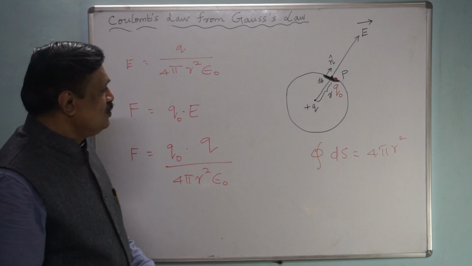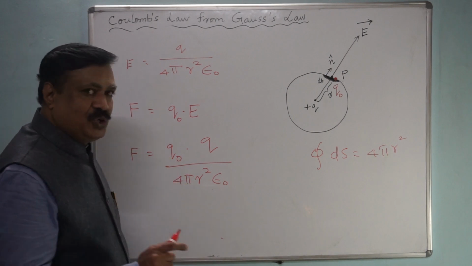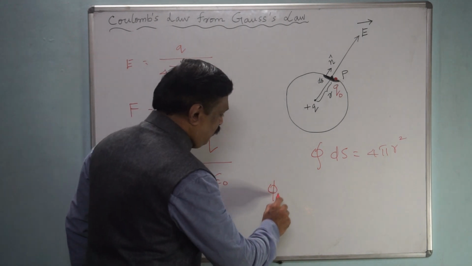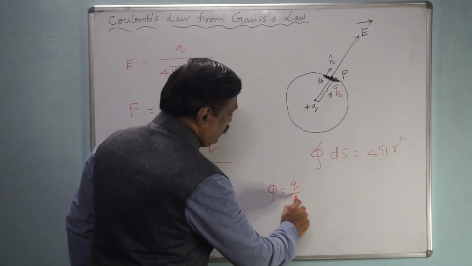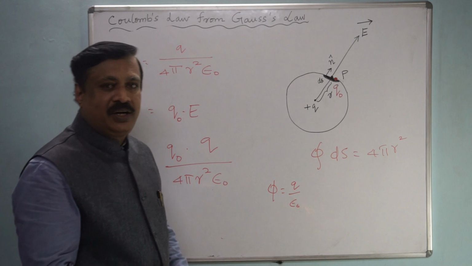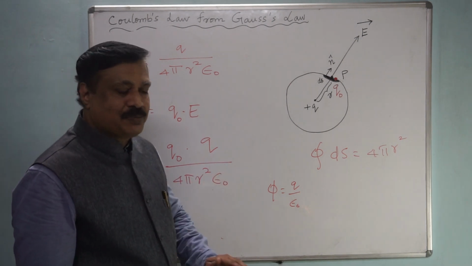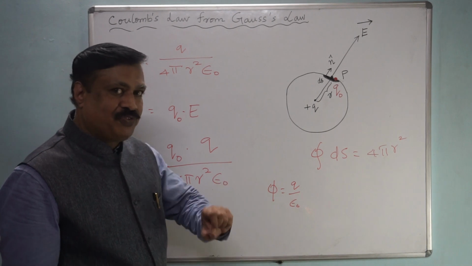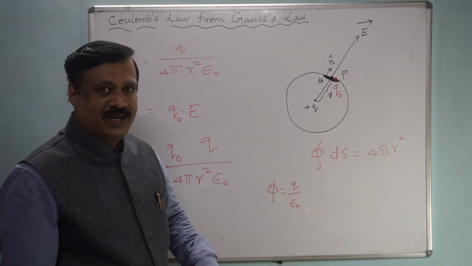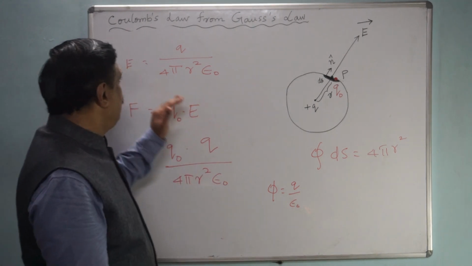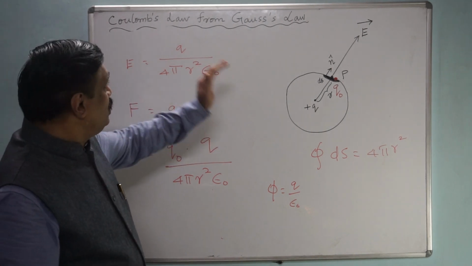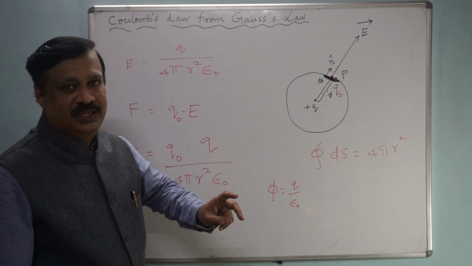First you have taken Gauss law, flux equal to Q by epsilon 0. After that you have taken the mathematical expression for flux. After that you substituted for the surface integral of ds. Then you have taken the electric field on the left hand side, and Coulomb's law is for two charges.